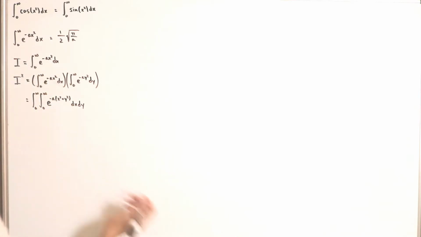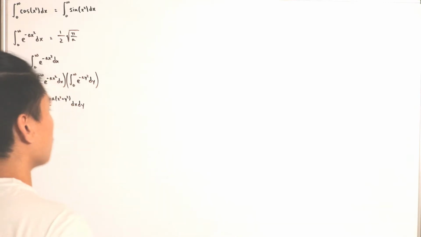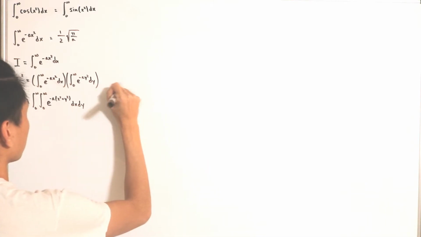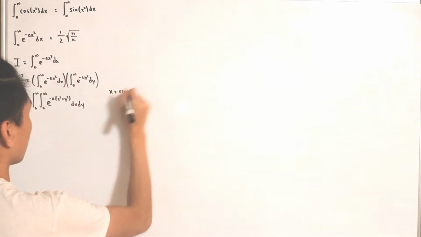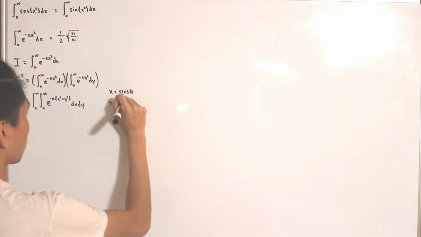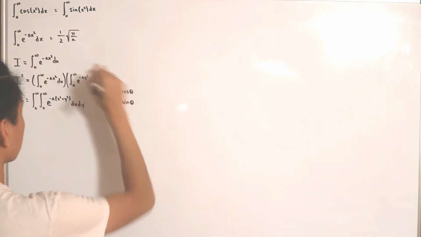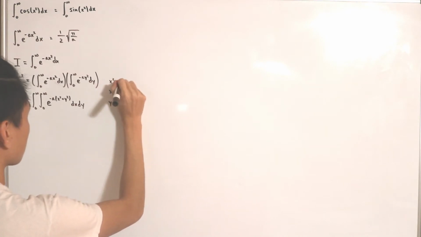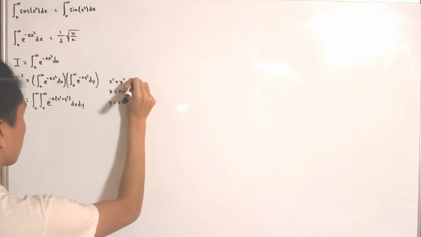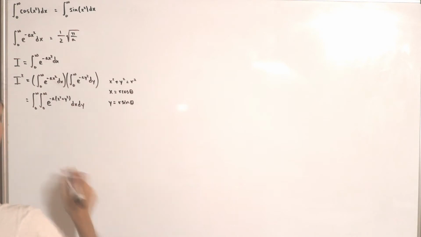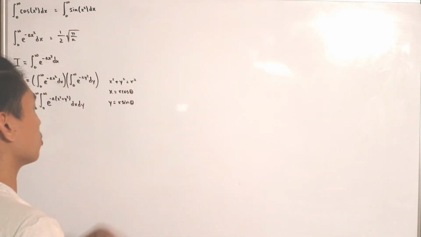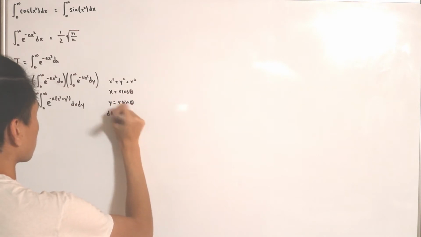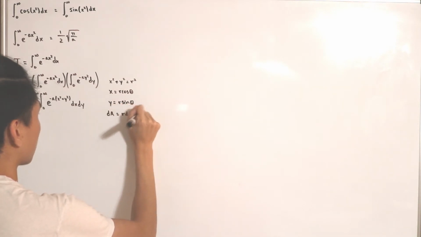But just know that when you're changing variables to polar coordinates, using parametric equations, x equals r cosine theta and y equals r sine theta, and using our equation for a circle, x squared plus y squared equals r squared, then our dx dy, or in this case within the volume, we'll call it dA, is equal to r dr d theta.